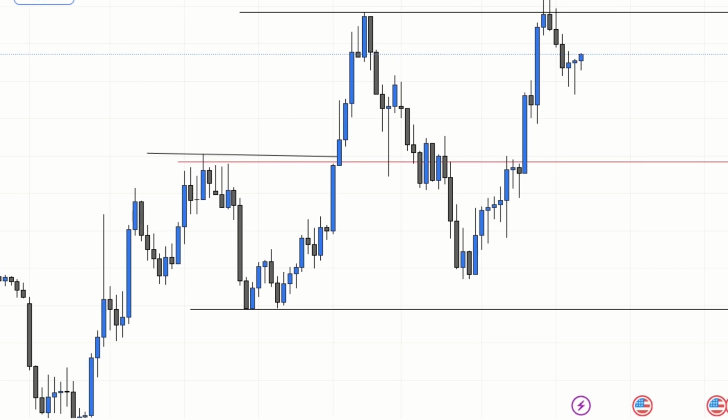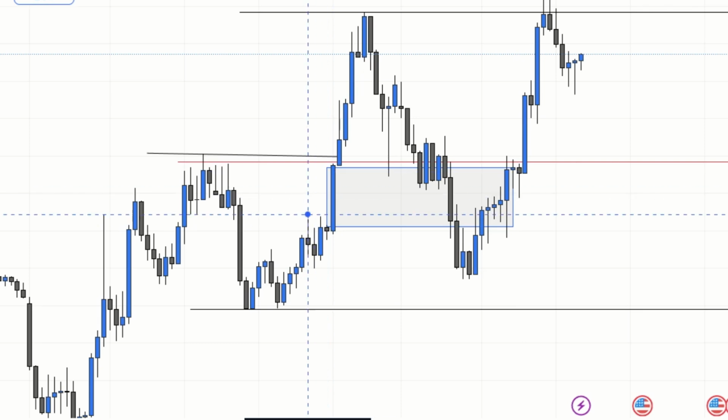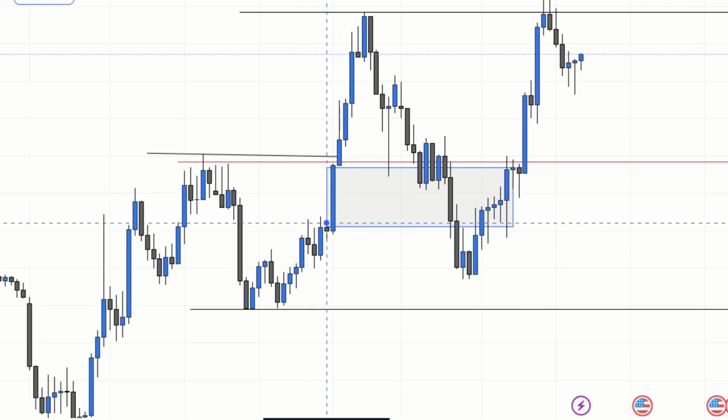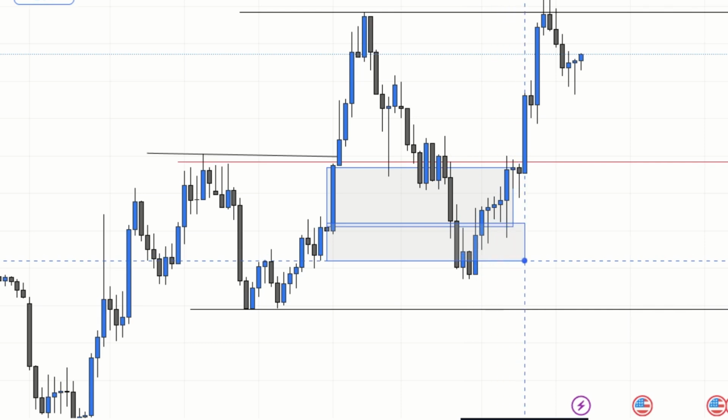So now remember this is your range, and in your range you have to mark out your zones in your discount level, right? So now here we mark here the fair value gap. It was in our discount level right here, and also we mark our order block right here. It was also in our discount right here. Okay.